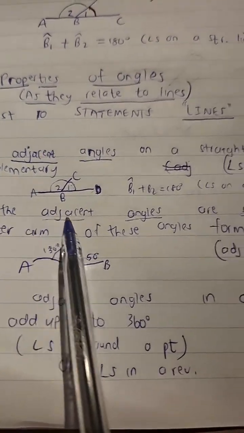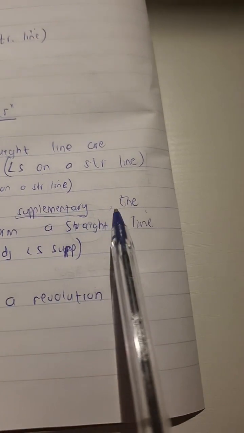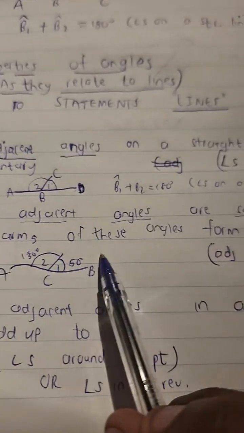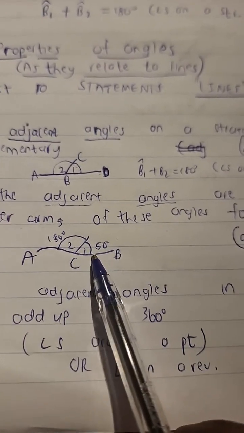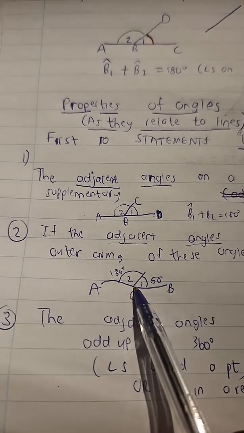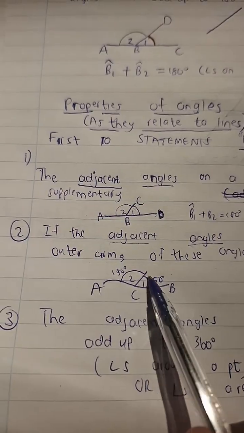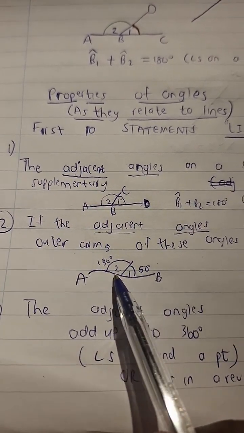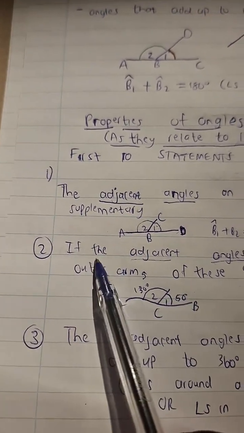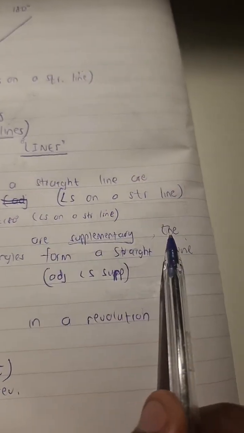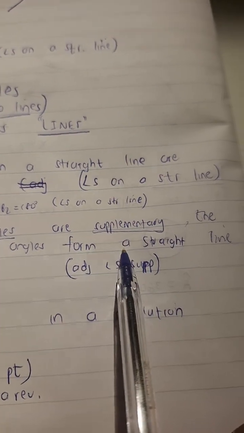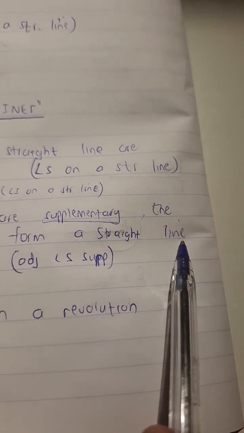So the statement is saying if the adjacent angles are supplementary, the outer arms of these angles, and let me note what the outer arms are: BC is an outer arm for this angle, AC is an outer arm for this angle, form a straight line.